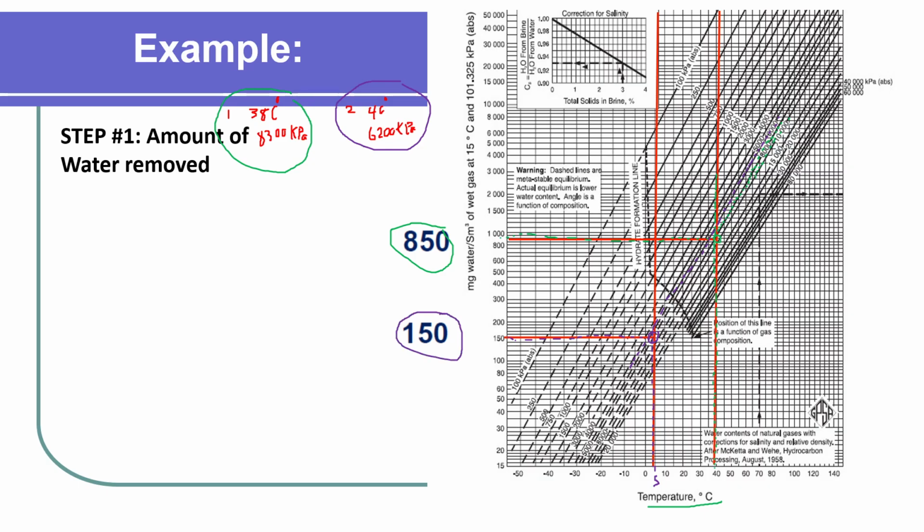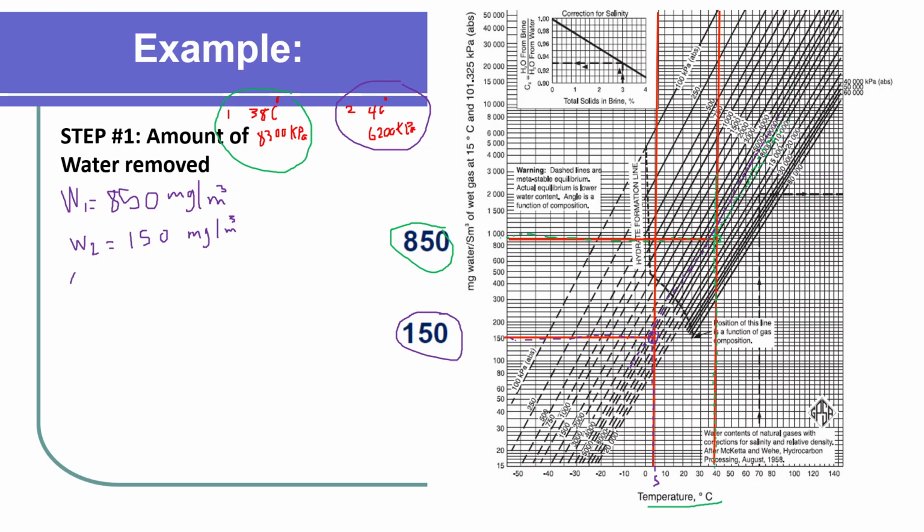This means that at the initial condition, the water content at point 1, W1, will be equal to 850, and the unit is milligram per meter cube. It's important here to keep the unit. And W2, the water content at point 2, will be equal to 150 milligram per meter cube, or standard meter cube.